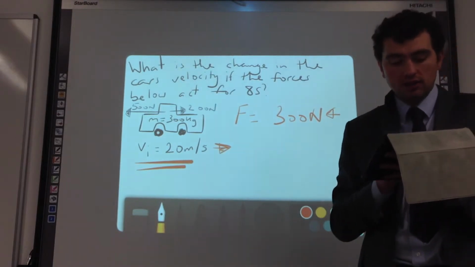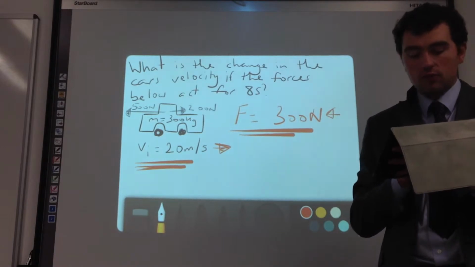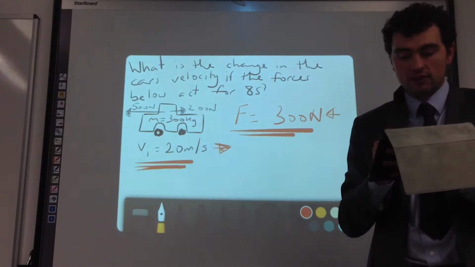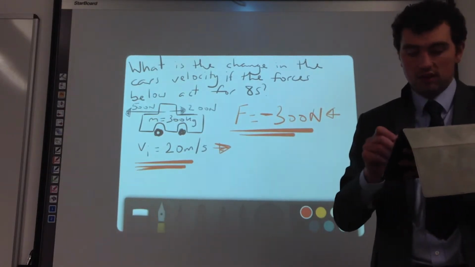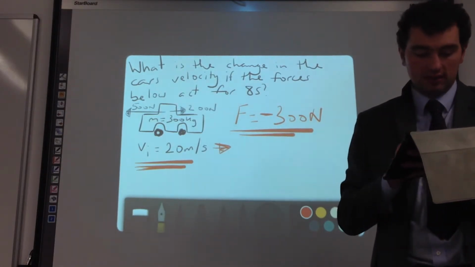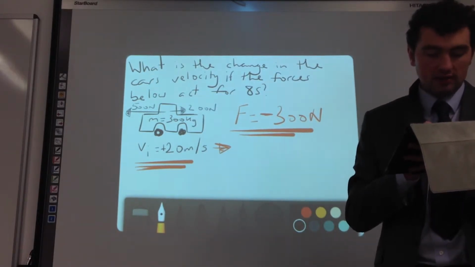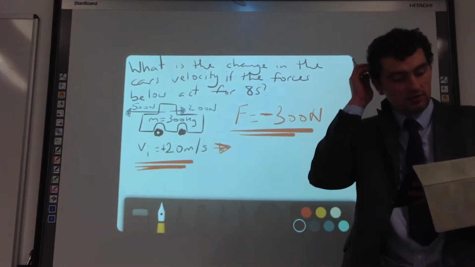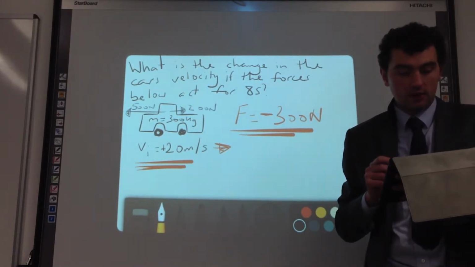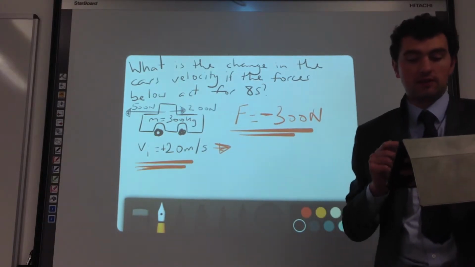Because the velocity and the resultant force are in opposite directions, I'm going to say that the velocity is in the positive direction, so I'm going to make that force minus. Now I can get rid of this arrow, because I can see that because the velocity and the force have got opposite signs, they must be in opposite directions.